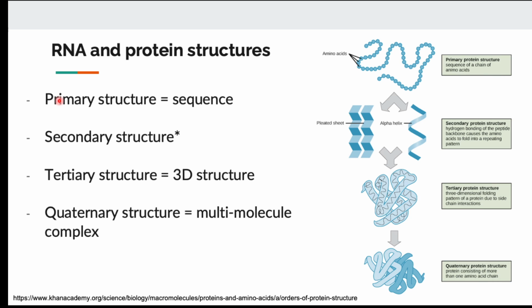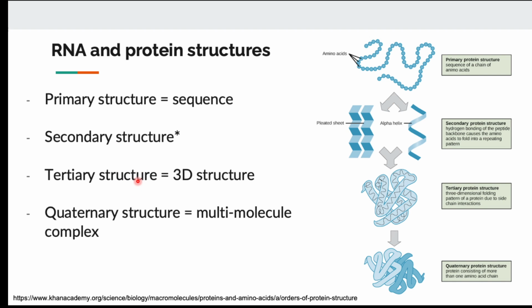Okay, so we probably know we can classify structures into roughly 4 different types. The primary structure is the sequence, like nucleotides or amino acids. The secondary structure is the one that's more interesting, and we will talk a little bit more about this one.